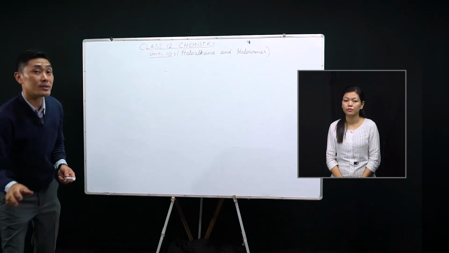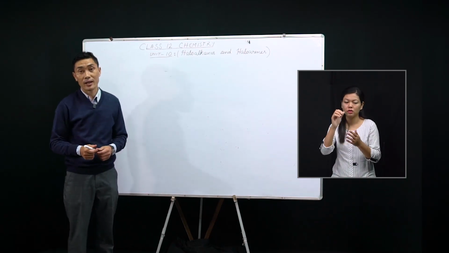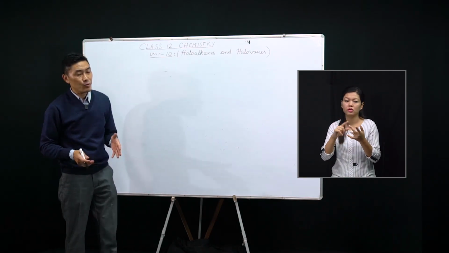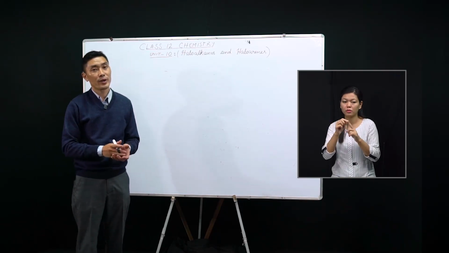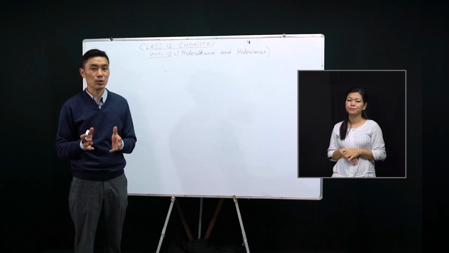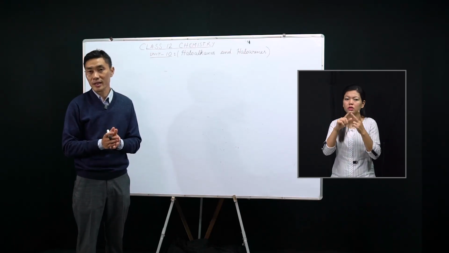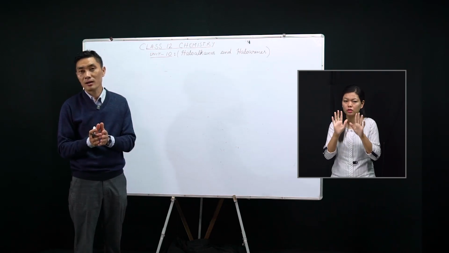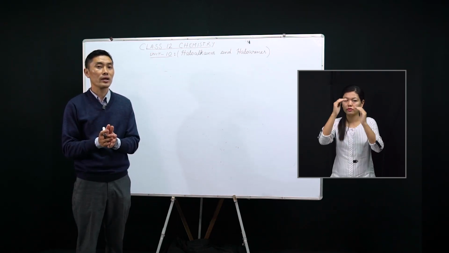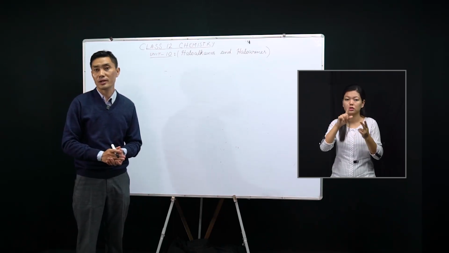Now let us look at some physical properties of these haloalkanes and haloarenes. If we look at their physical state, we can find them in the gaseous state, in the liquid state, as well as in the solid state. Usually the lower members are found in the gaseous state. Higher members are found in the liquid state, while still higher members with higher molecular masses are found in the solid state.